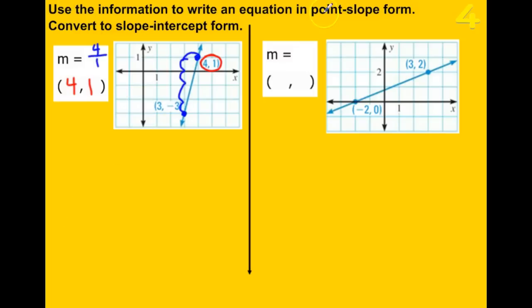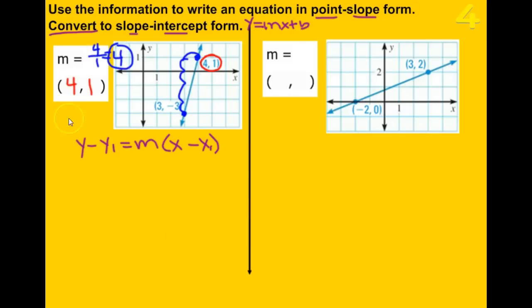So use the information to write an equation in point-slope form. Point-slope form is y minus y1 equals our slope, m, times x minus x1. Then it says convert or solve to get y equals mx plus b, or slope-intercept form. Because we're solving, it's going to be easiest to not have this as a fraction. 4 divided by 1 is just 4 for our slope.